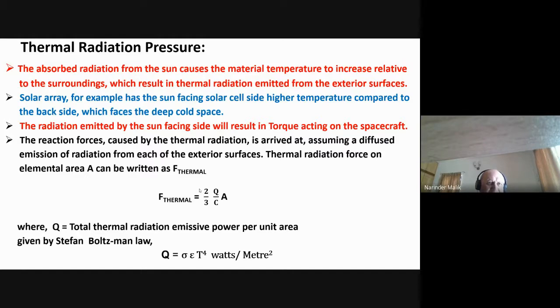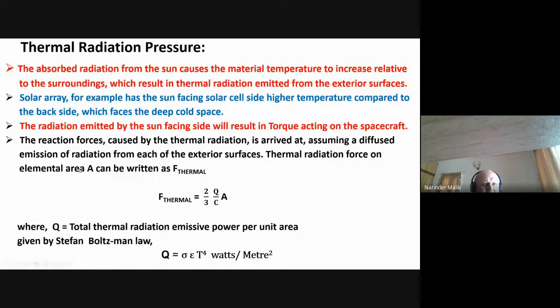The hotter side will re-radiate as thermal radiation, following the Stefan-Boltzmann law, and the backside also radiates depending on its temperature. So there is a temperature difference, and there will be an imbalance force. That imbalance force acts at the geometric center of the solar array, which is away from the geometric center of the entire spacecraft. So it will produce a torque.